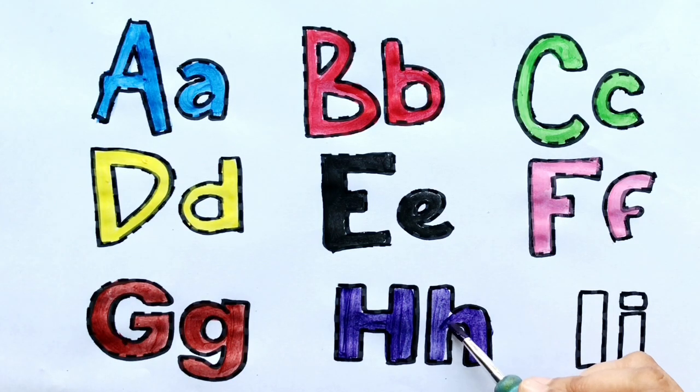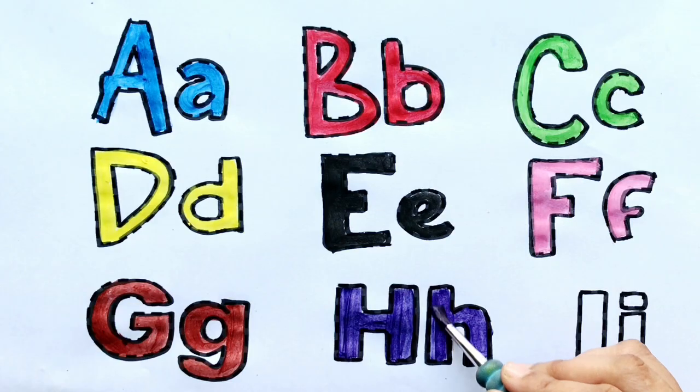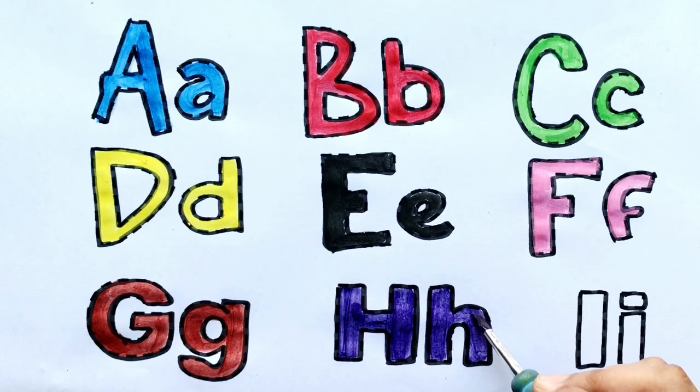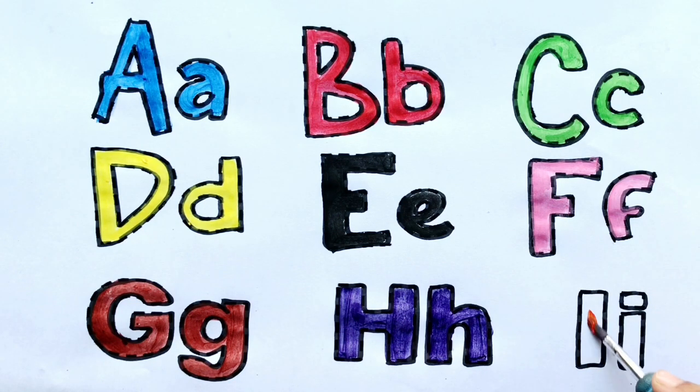A B C D E F G H I J K L M N O P Q R S T U V W. Orange color. Y. Capital letter I. I for insect. My ABCs. Small letter I for ice cream.